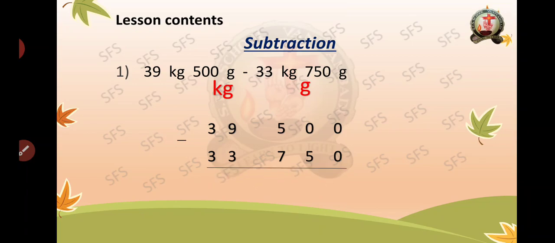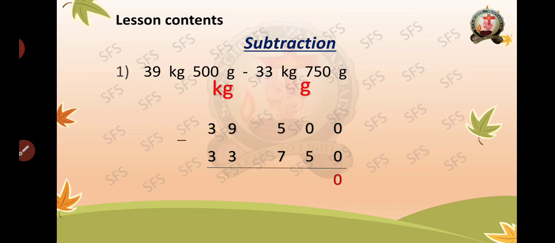Now let us subtract, children. 0 minus 0 is 0. I have told you the first rule for subtraction, you must use the minus sign, and the second rule is, for example, if I subtract 5 minus 0, the answer will be the number itself.